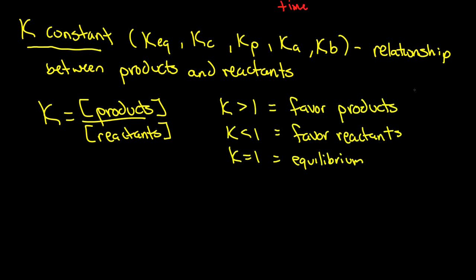All right, and just a little bit more to note. Equilibrium is affected by different conditions. So equilibrium can be shifted, that K constant value can be shifted, or your equilibrium can be shifted by pressure, temperature, and concentration changes.